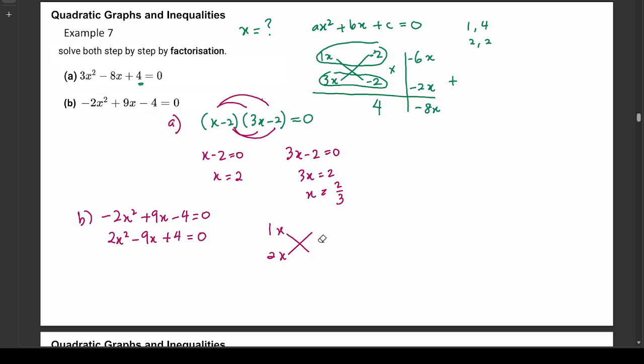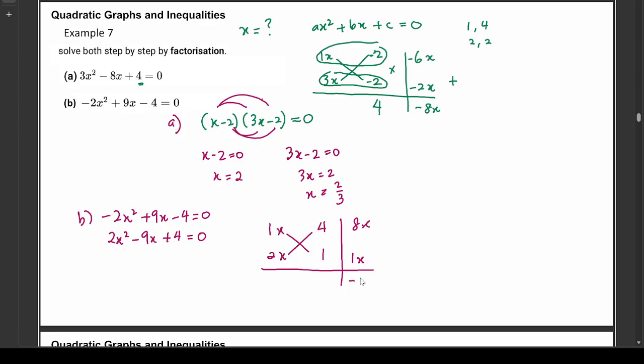Let's swap. What about 4 and 1? Okay, 4 times 2 is 8, 1 times 1 is 1, 8 and 1, definitely I can get 9. So this is the combination. Okay, if I cross multiply 2x times 4 is 8x, this one I will get x, right?